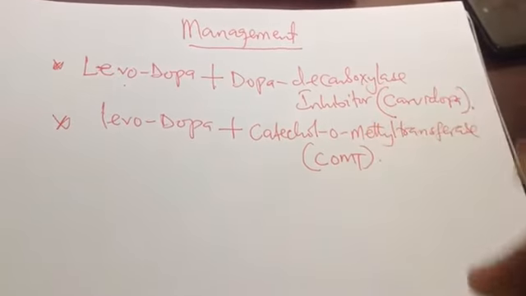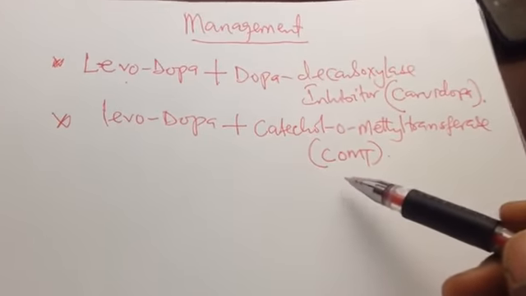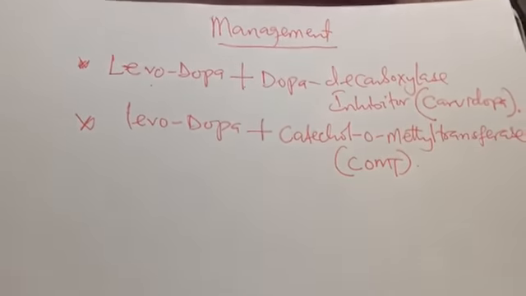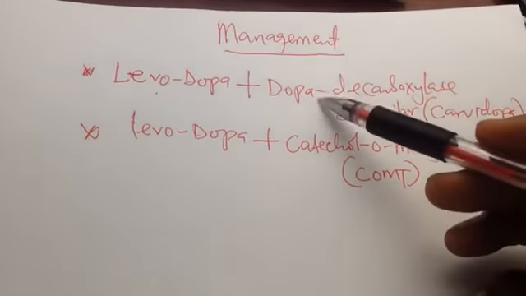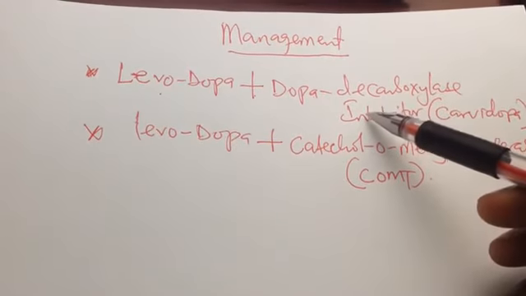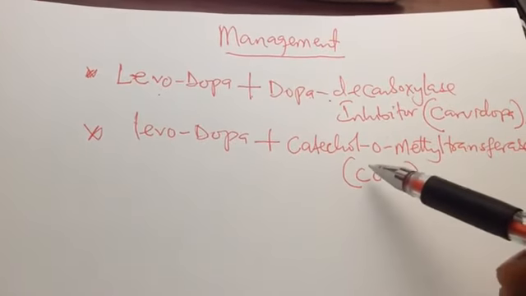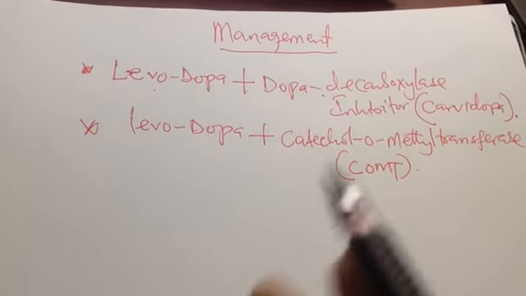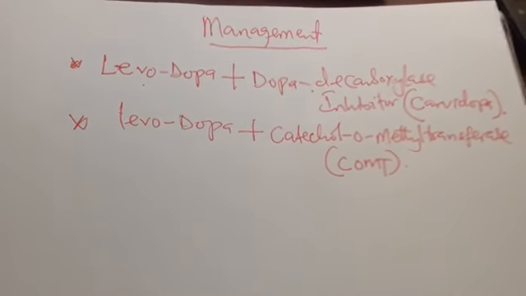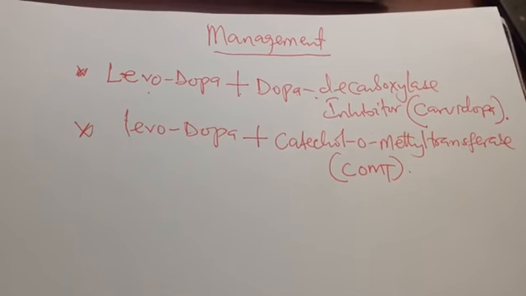We combine all of these with levodopa to decrease its breakdown, that is its metabolism, so that it prolongs the action of levodopa. One drug decreases its metabolism in the central nervous system, while the other decreases its metabolism peripherally, that is before the central nervous system, not inside it. So this is the end of the Parkinson's disease lecture. Thank you very much.